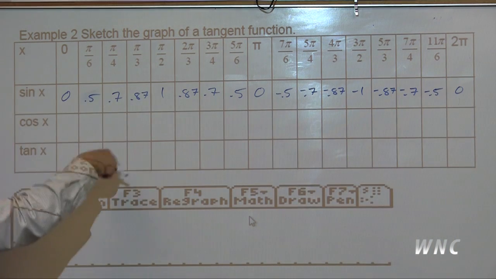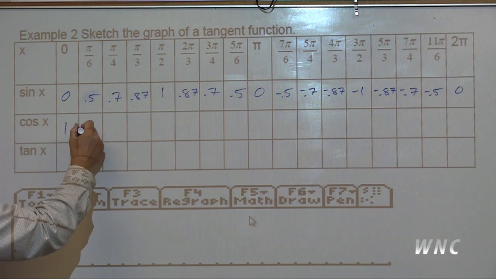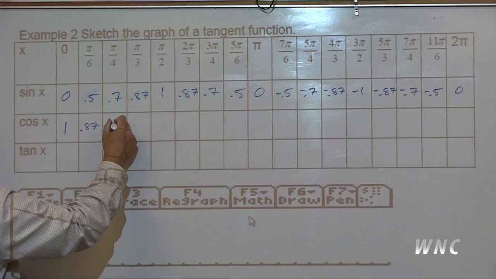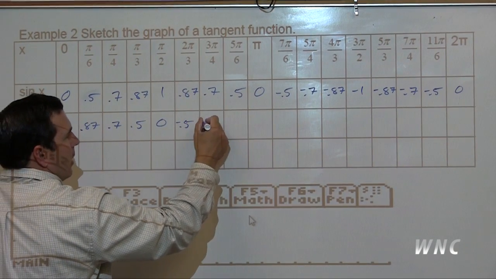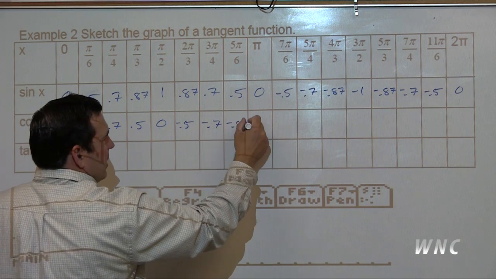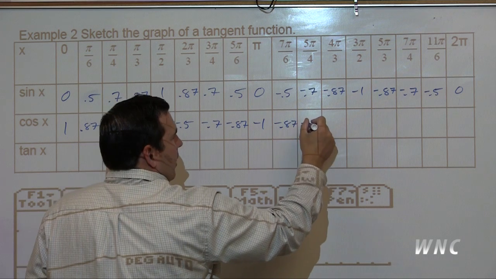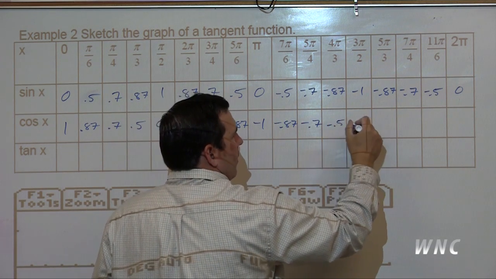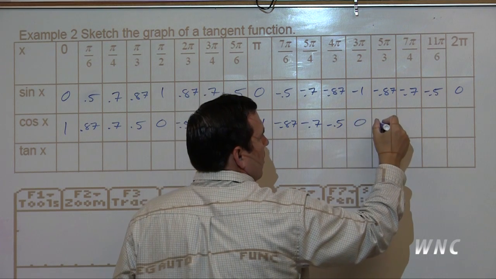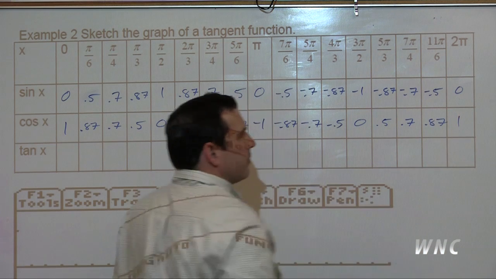For cosine, those values are going to be down here: 1, 0.87, 0.7, 0.5, 0, negative 0.5, negative 0.7, negative 0.87, negative 1, negative 0.87, negative 0.7, negative 0.5, 0, 0.5, 0.7, 0.87, and 1.